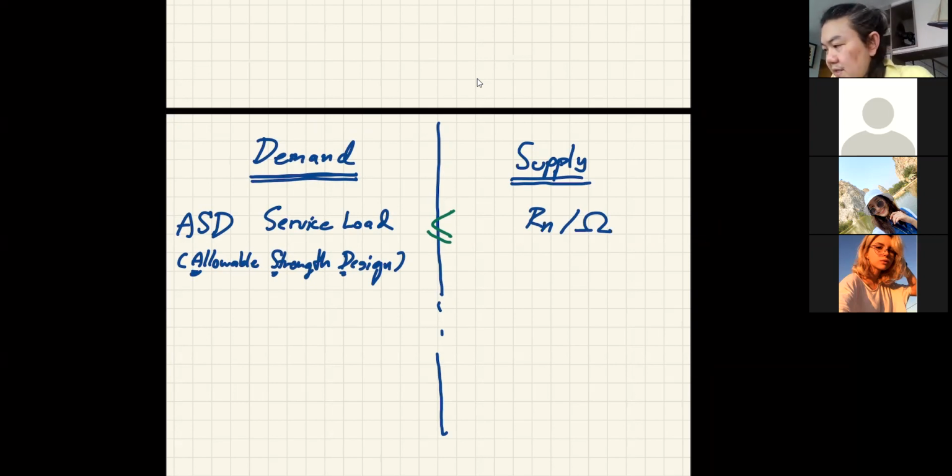So the key word here is the service. Service load is the load as it is. Okay, you combine them, dead load, live load, and so on, and then you compare with the nominal strength divided by factor of safety. So this becomes your design strength. This is ASD.